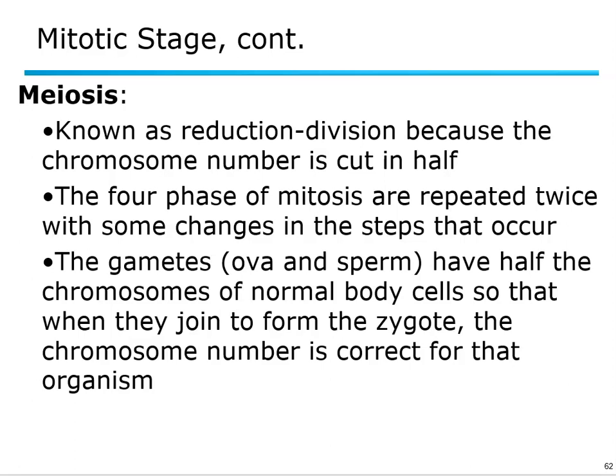Then from a somatic cell with 46 chromosomes, we're going to get 4 haploid cells with only 23 chromosomes, and they could be an ovum or a sperm. They're going to be totally different from each other, not like mitosis, where they are identical daughter cells.